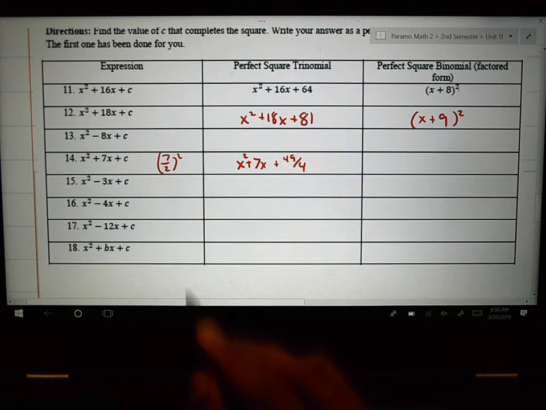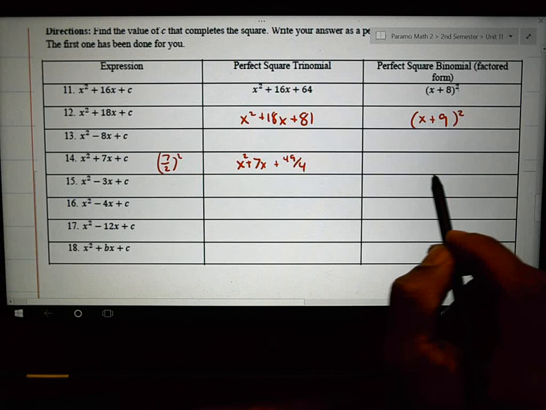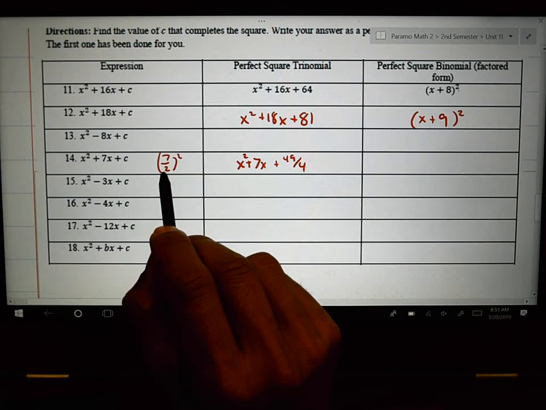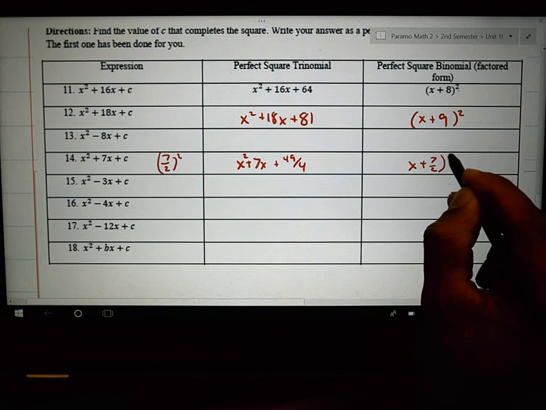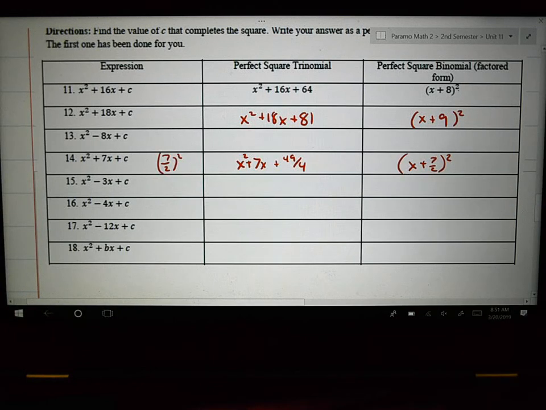And then when I go over here, this is kind of what I do off to the side, I just go x plus 7 over 2, quantity squared. Makes it so much easier for me when I'm dealing with fractions than it is with decimals. I can do that stuff in my head. So should you.